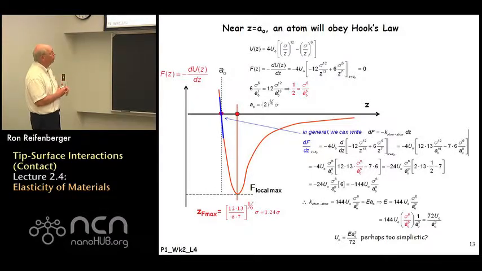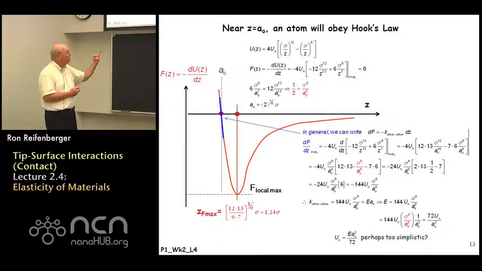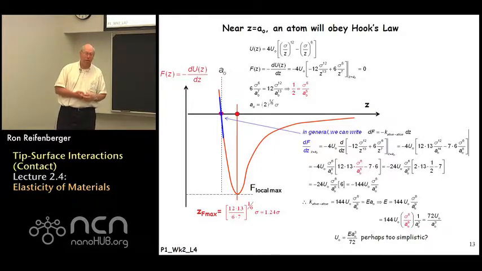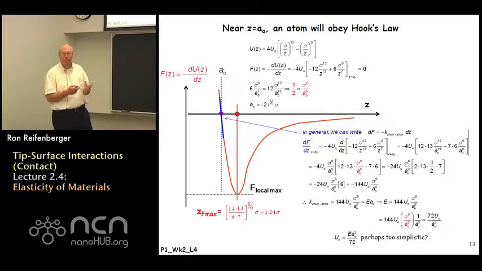So you can work through the arithmetic on this, and at the end of the day what you find is that the depth of the well is in fact related to the Young's modulus E and the interatomic spacing A0 by the equation that's given at the bottom of the slide. Now this equation is probably a little bit simplistic, but I'm not so much interested in exact numbers. I'm just trying to get you to realize that all these macroscopic things that you can measure can in principle be related back to microscopic quantities.